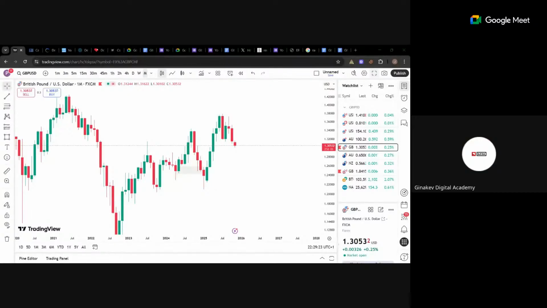I mean, for every pullback, must price come back to that same zone before moving upwards? No, not to that exact same zone, but price must pull back after giving you a significant move, especially a move that breaks the previous structure.